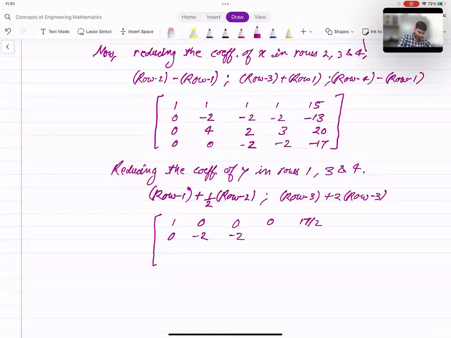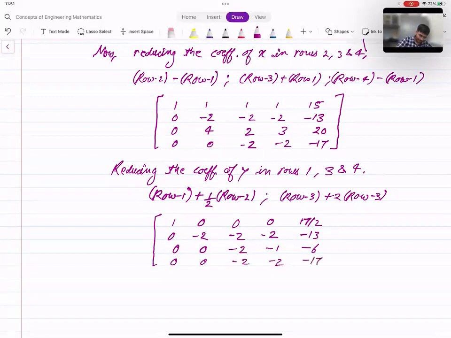Then we have reduced the third row. Here again we have 0, 0, and here we will have minus 2, because 2 minus 4 is minus 2. And this will be minus 1, 3 minus 4. And this will be minus 6, because 20 minus 26. And the fourth row was already correct, so we did not change it.